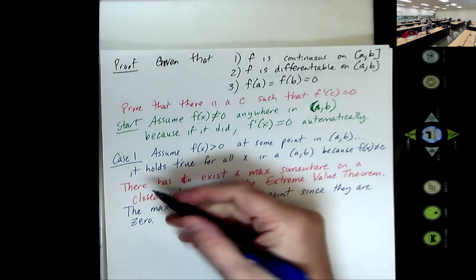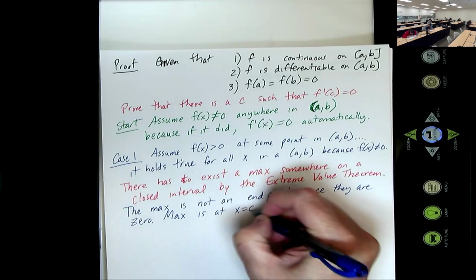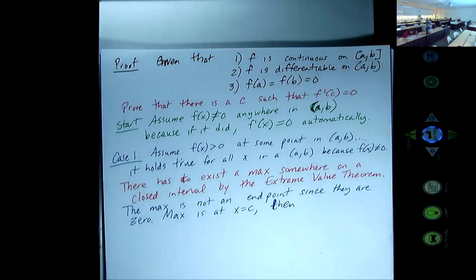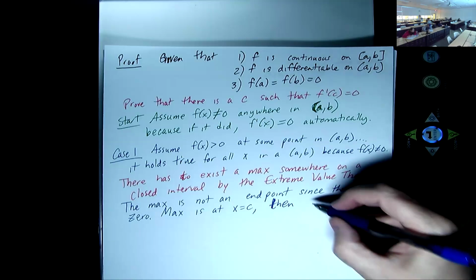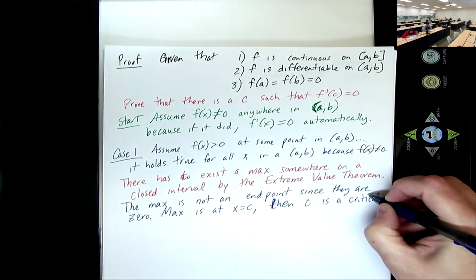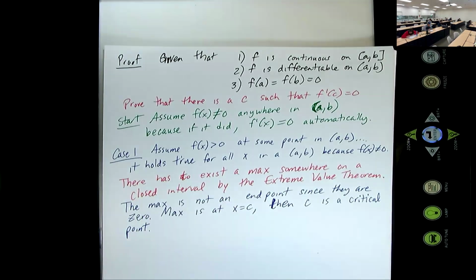So if the max is at x equals c, then C is a critical point. C being a critical point tells us two things.